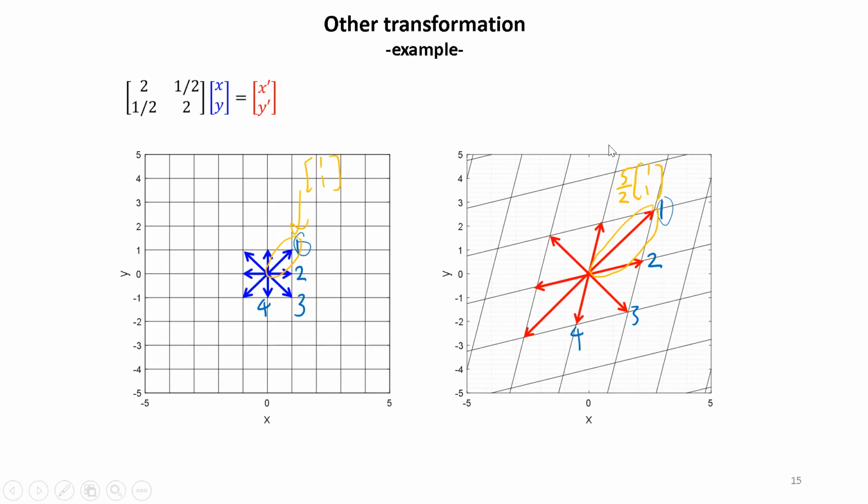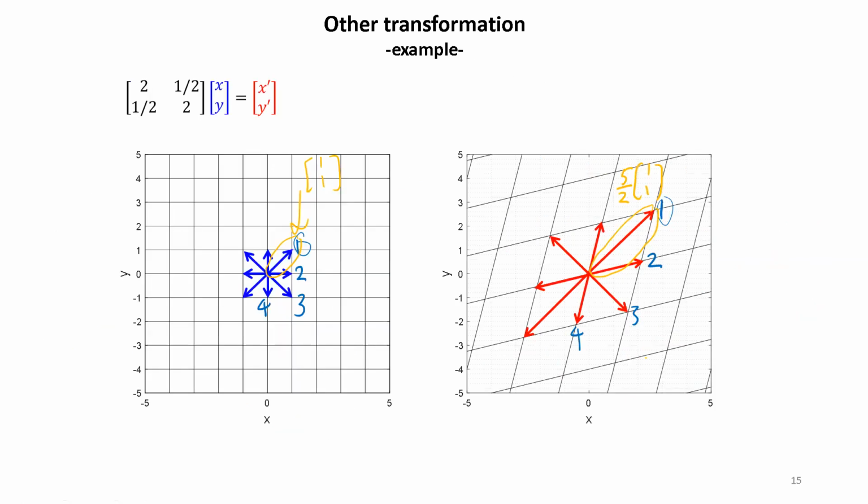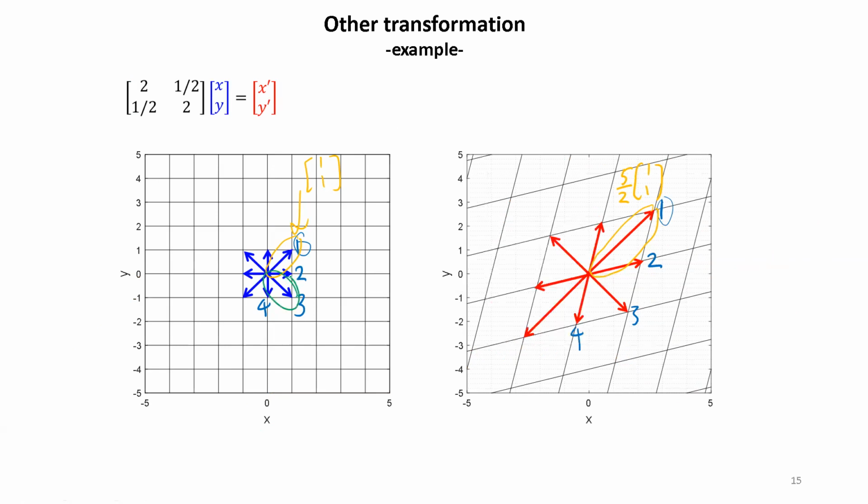Then the second eigenvector, 1, minus 1, is this one over here. After transformation, it stays in the same direction, but again it gets longer and becomes this one.